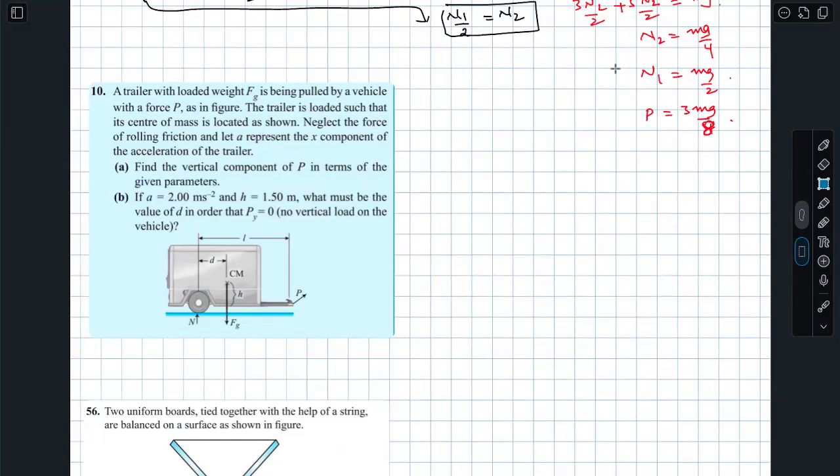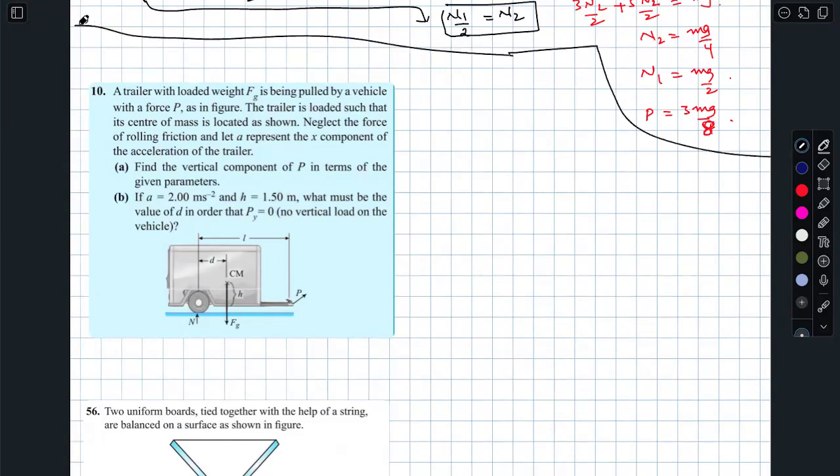Let A refer to acceleration. Obviously, the Px X component is MA.